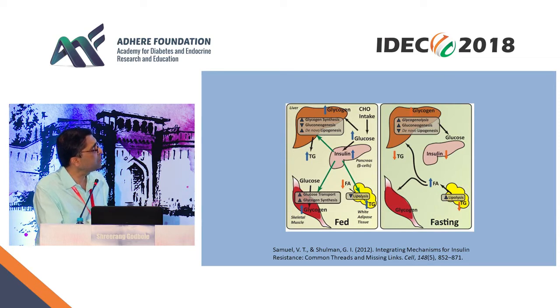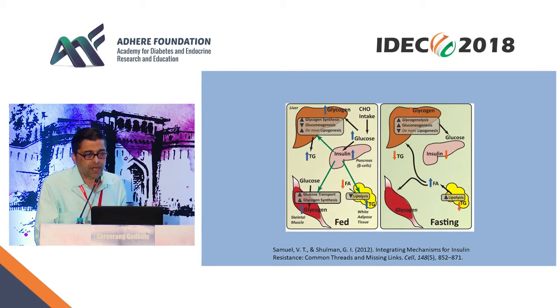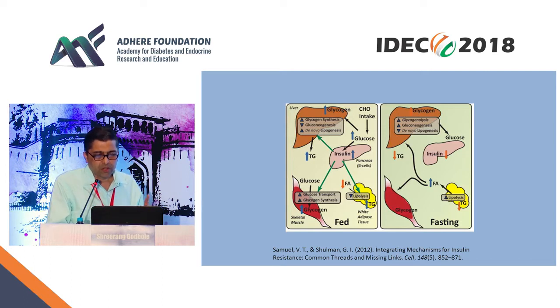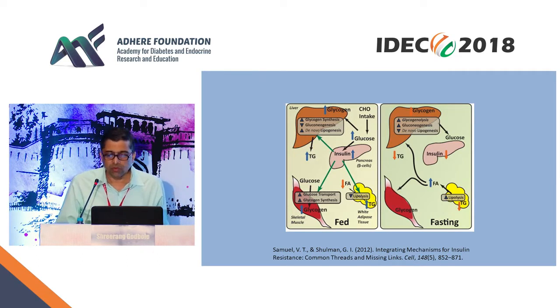At the level of the liver, it suppresses gluconeogenesis and at the same time increases both the synthesis of glycogen and lipogenesis. And at the level of the adipose tissue, the insulin would suppress the lipolysis and promote lipogenesis.